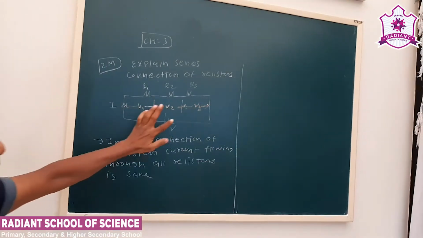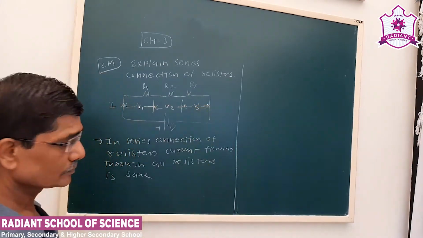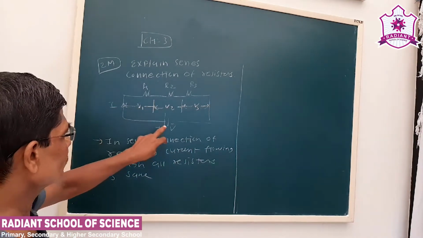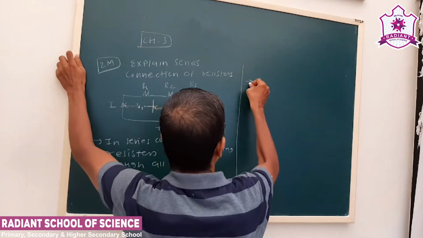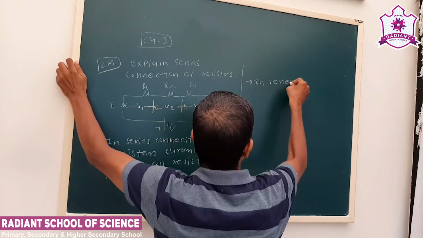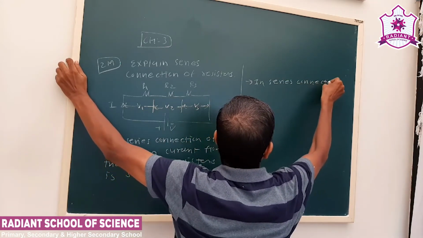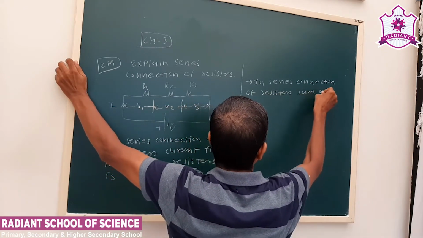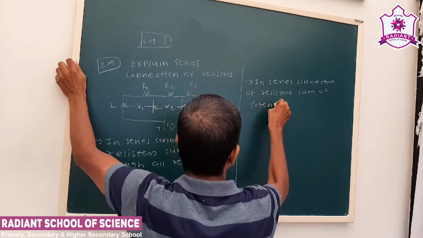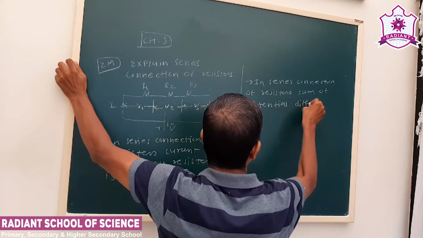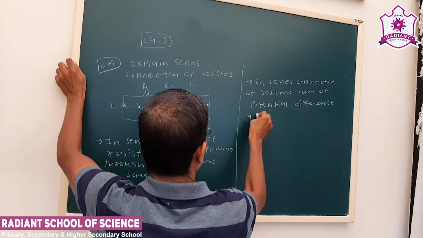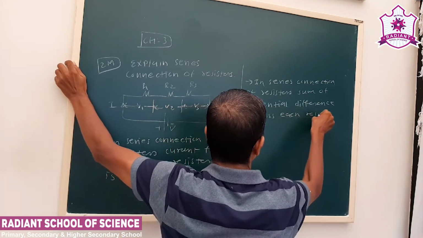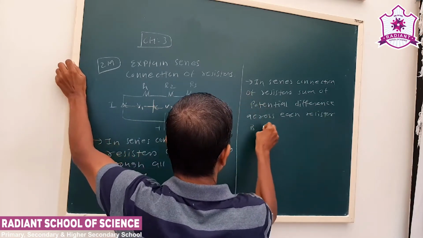In series connection of the resistors, the sum of the potential differences across each resistor is equal to the total voltage supplied. That we can write: in series connection of resistors, sum of potential differences across each resistor is equal to the total voltage.